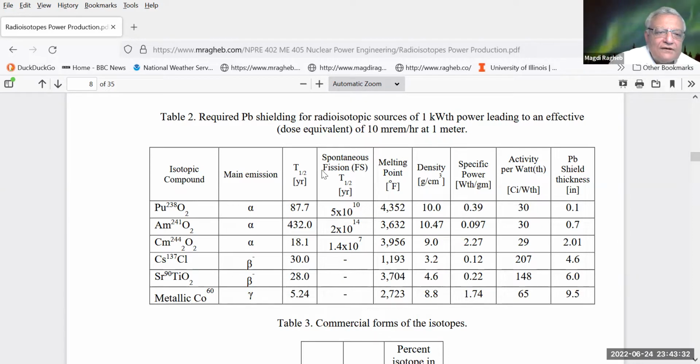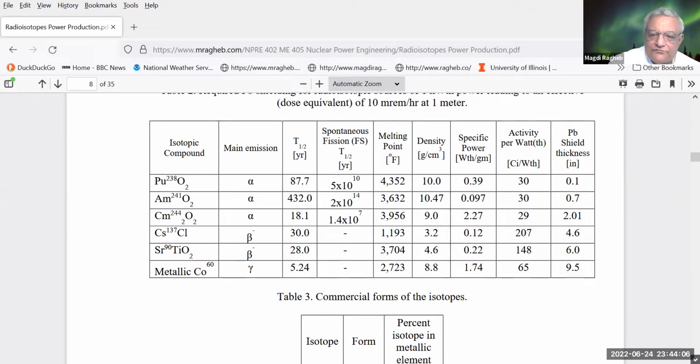You'll find that, depending on the temperature at which you are using the isotope, strontium titanate, for instance, can reach very, very high temperature, 1300 degrees Fahrenheit melting point in general. Because of the different emissions of gamma radiation from those isotopes, you need different thicknesses of lead shielding, 0.1 inches of lead for plutonium-238 to shield against the gamma radiation for the personnel that are working on it.